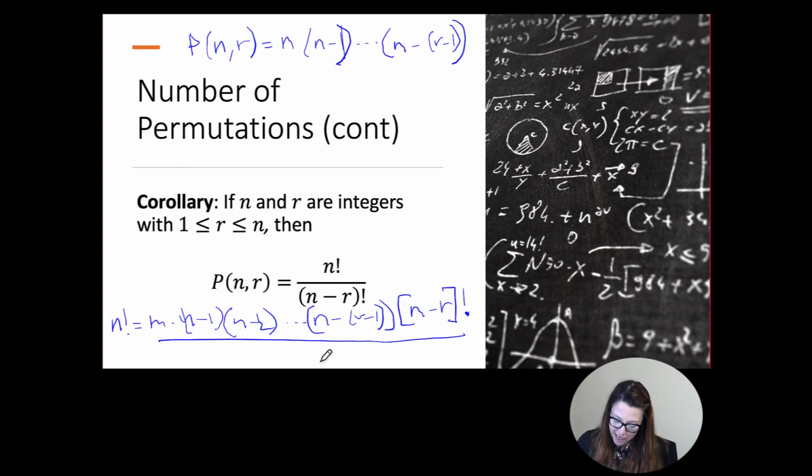So if I put an n minus R factorial on the bottom, they cancel each other out, don't they? And so what I'm left with is actually the equation we had on the previous page. But this is an easy way to write it. And it's an easy way to calculate it.